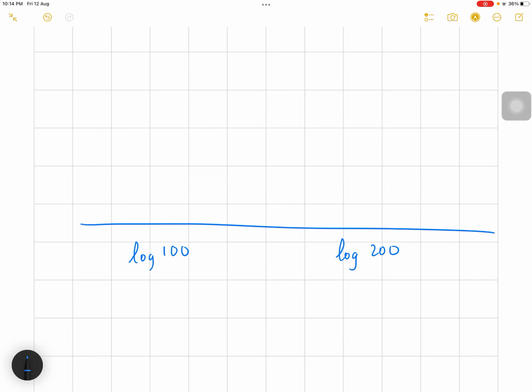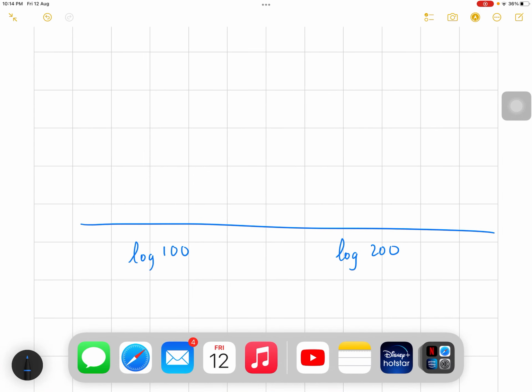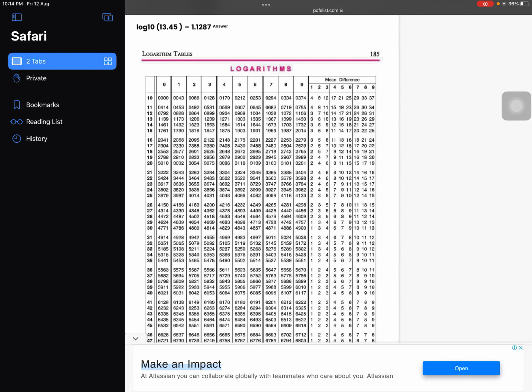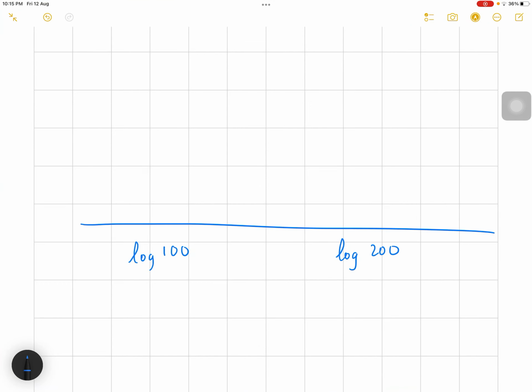Here is my log table. So log 100: before decimal there are 3 digits, so the number of digits 3 minus 1 is 2 point.